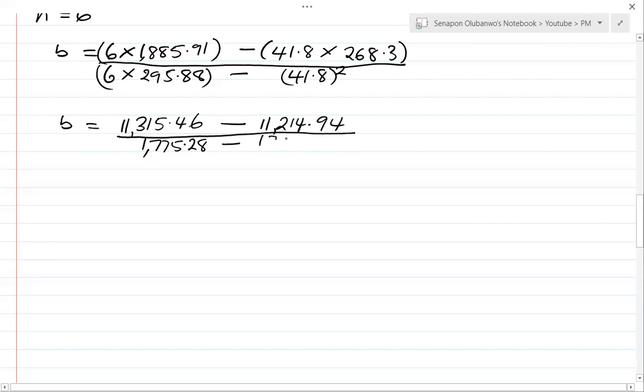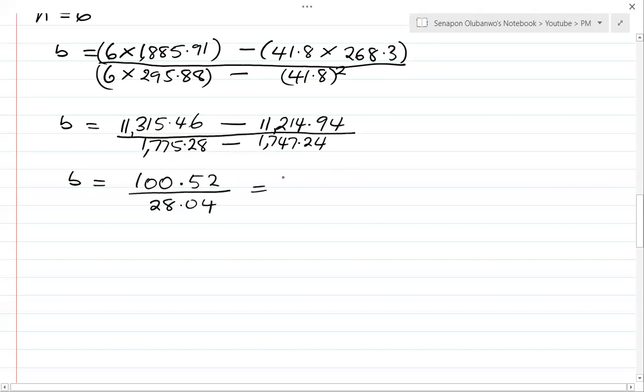So when you subtract, our B is equal to 100.52 divided by 28.04.